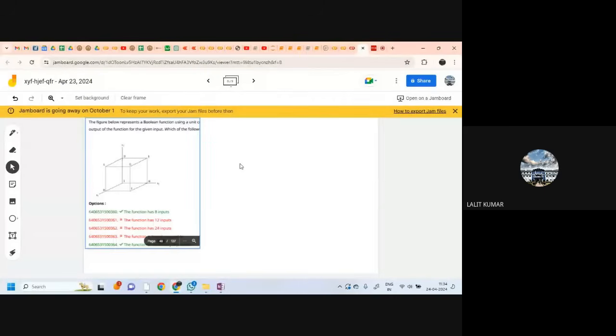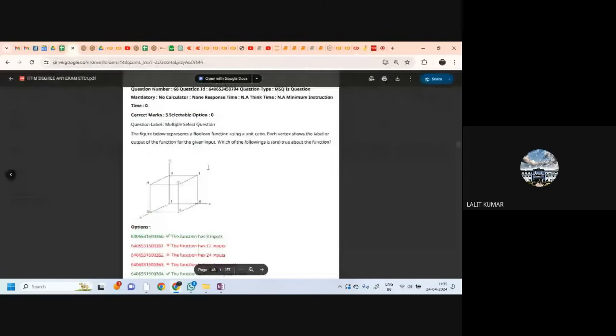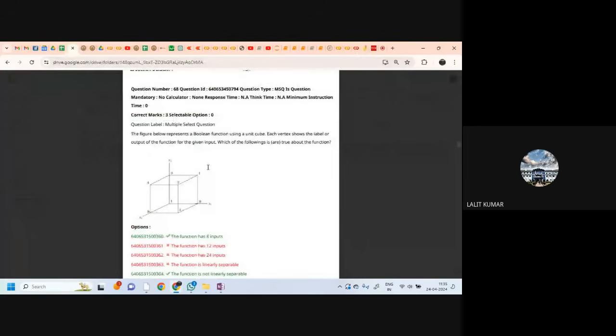The figure below represents a Boolean function using a unit output for the function. Each vertex shows the label or output of the function for the given input. Which of the following is true about the function?